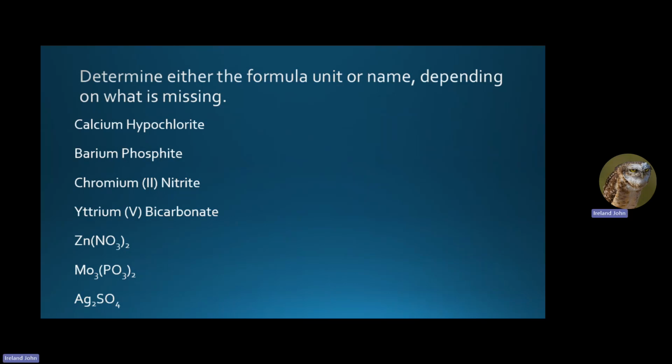These types of questions are things you're going to see on the summative for module 2. You're going to see these in multiple choice form, but you'll also see them in the short answer, where it's like, here's a name, give me the formula. Here's a formula, give me the name. And believe it or not, I hold you responsible for being able to do this past module 2.